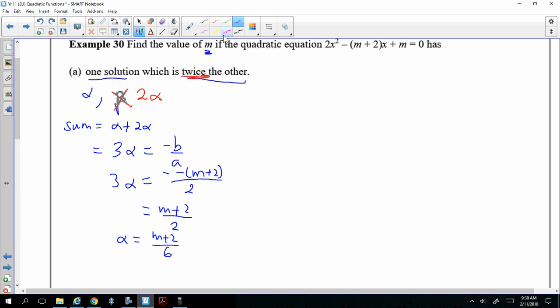After we do the sum, we have to do the product. Let's do the product. And then we do alpha times 2 alpha equals to c over a. And 2 alpha squared equal to c, which is m over 2. Right?